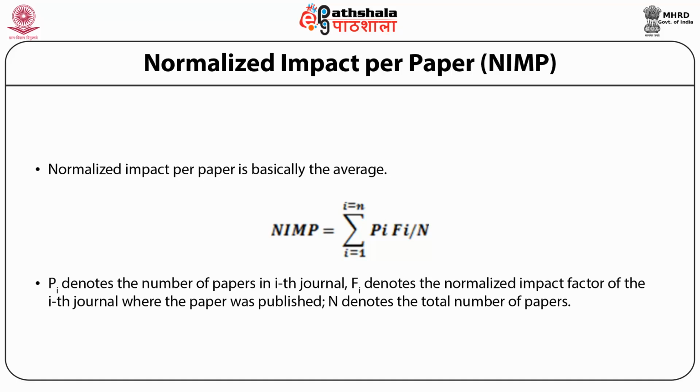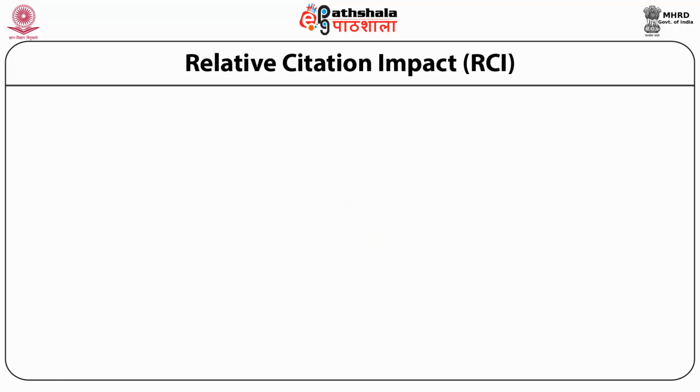Pi denotes the number of papers in the ith journal, Fi denotes the normalized impact factor of the ith journal where the paper was published, and n denotes the total number of papers.